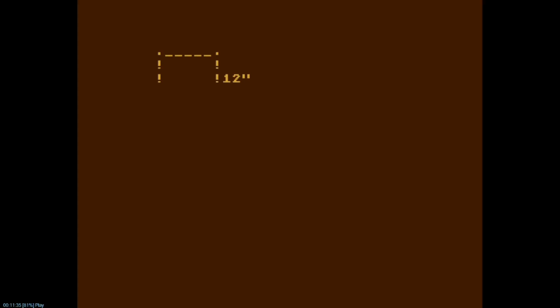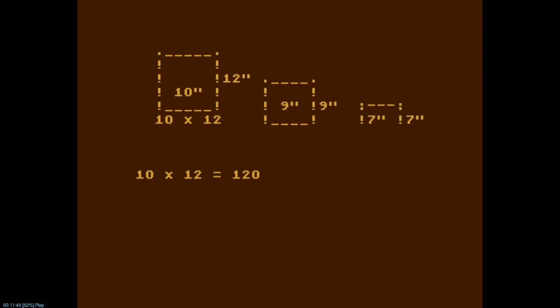If you wish to know the number of square inches in a floor tile 10 inches long by 12 inches wide, you'd multiply 10 by 12 and get 120 square inches. If you had a number of tiles, some 9 inches square and some 7 inches square, you'd have some tiles which covered 81 square inches and others which covered 49 square inches. Any number multiplied by itself can be represented by the number with a small 2 at its top right.